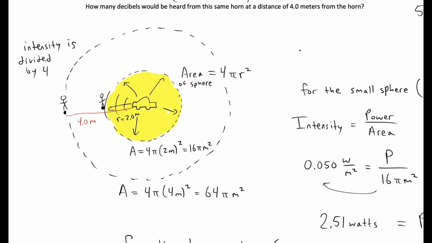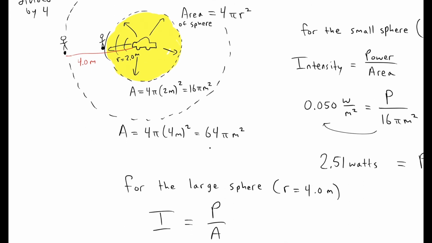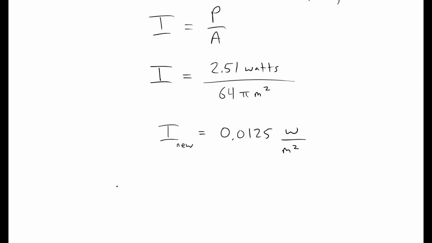Okay, but now let's answer the question of how many decibels would be heard at that location of 4 meters from the horn. For that, we'd use the decibel formula. D equals 10 log of I over I0.